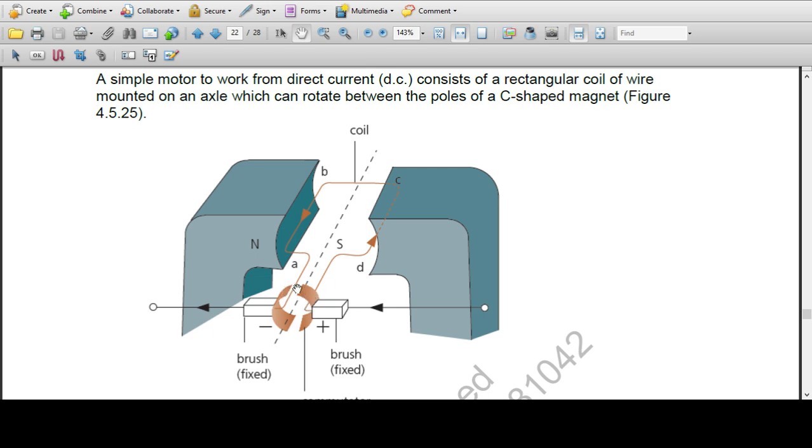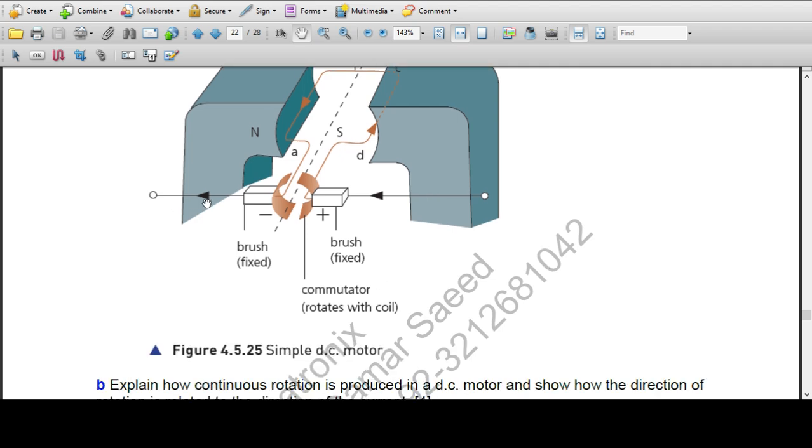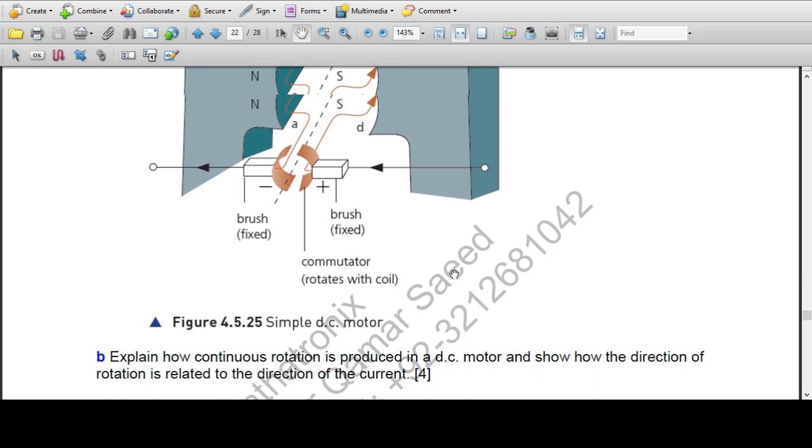Here we have insulators between the half rings. As a result of this commutator, the DC voltage is obtained here. So in a DC motor or DC machine, we have a commutator or split ring which generates a DC voltage.